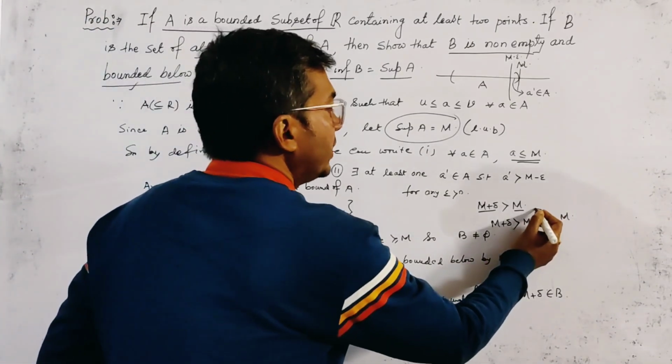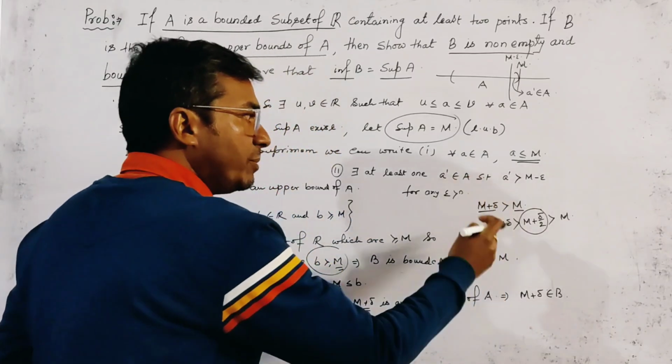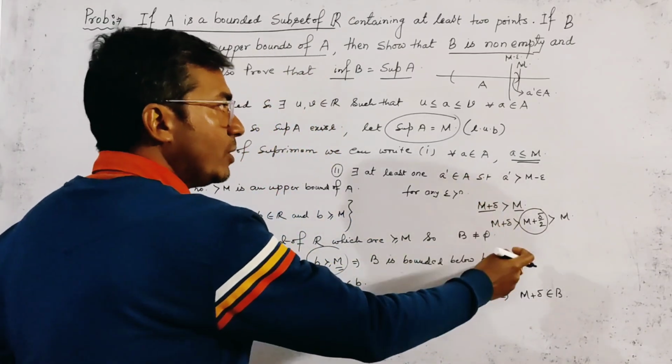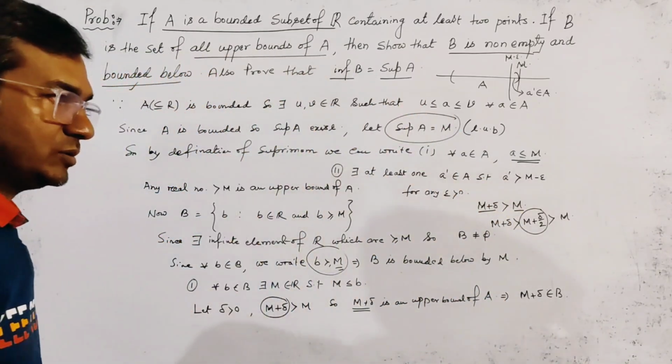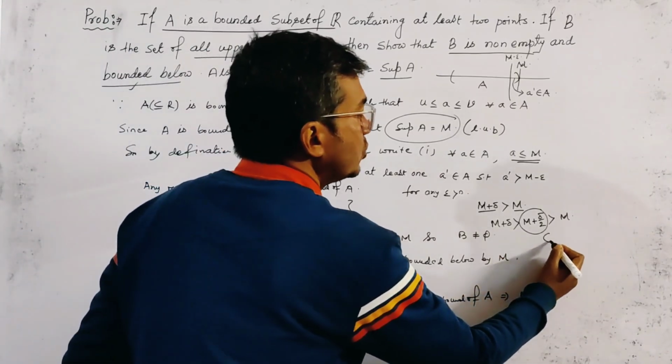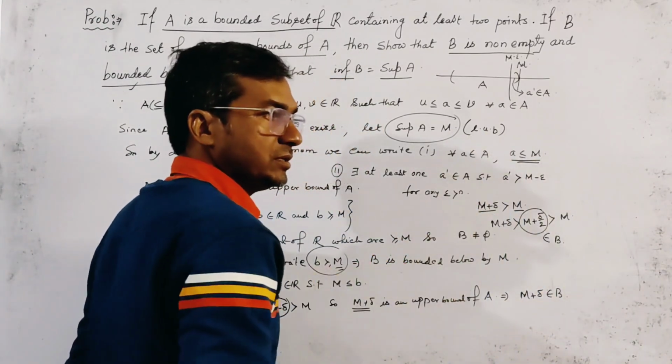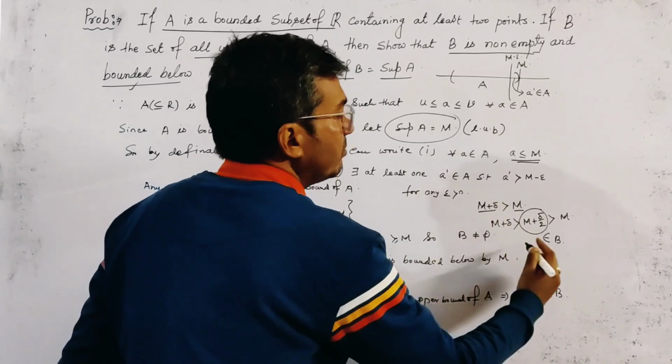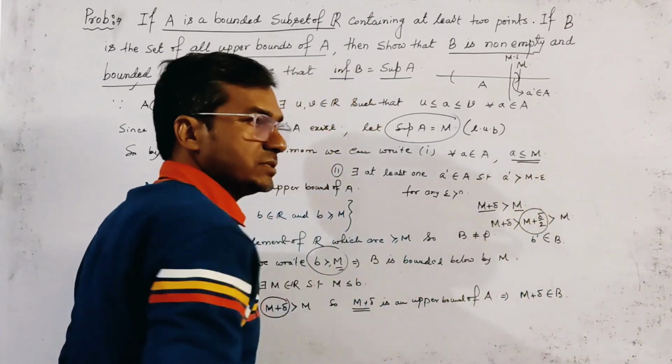And this number is also an upper bound of capital A, so this number also belongs to capital B, and we name this number b dash.